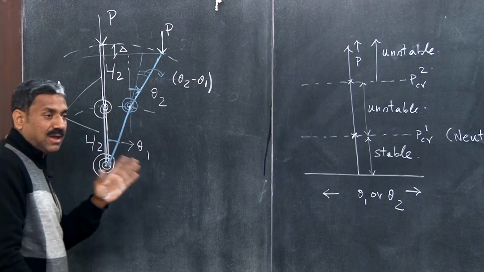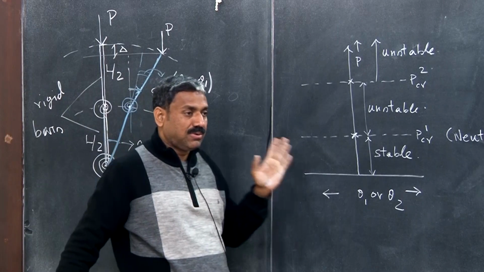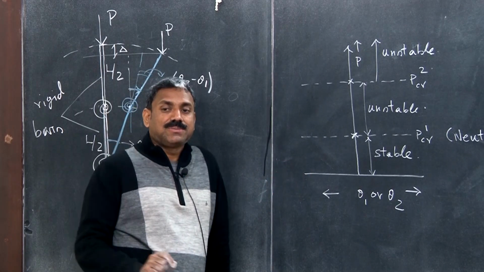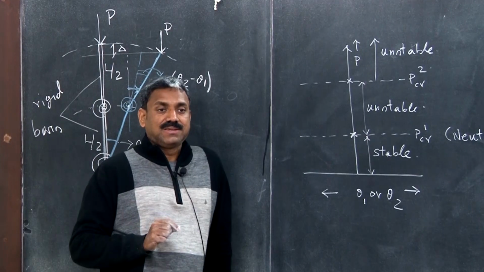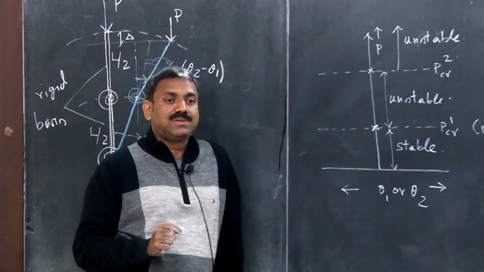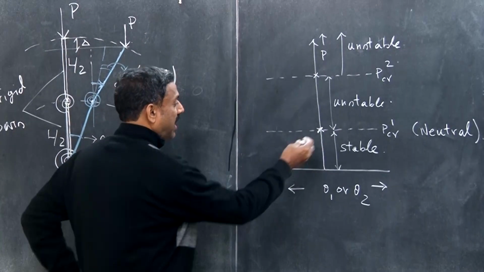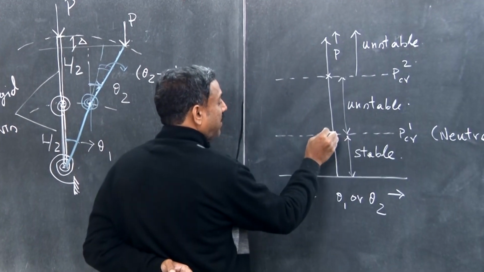I will come there later, because symmetry breaking is a more generalized concept that is used in physics. Your physics friends and others use this a lot. So, the system is bifurcating. This point is a bifurcation.